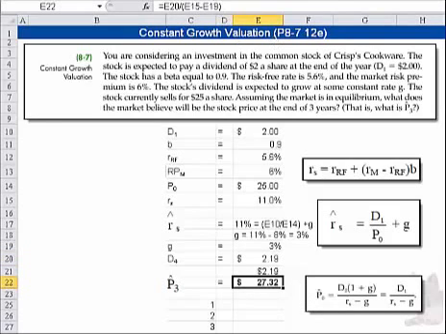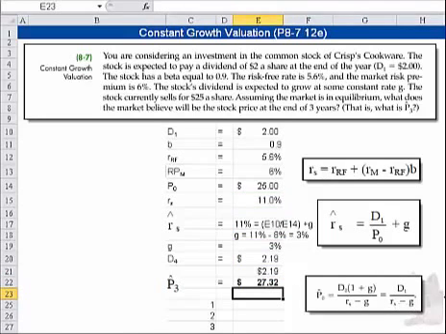So let me show you how we solve that. We take E20, which is the dividend of $2.19 we just calculated, and we divide it by the required rate of return, which is the 11% we solved here, minus the growth. So we're just doing this portion of the formula here. And the growth was 3% given in E19.